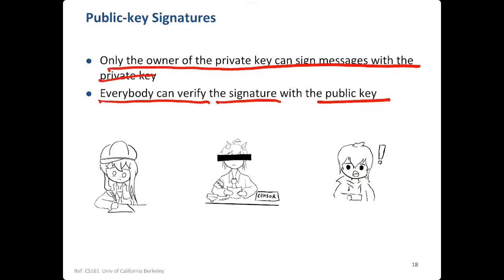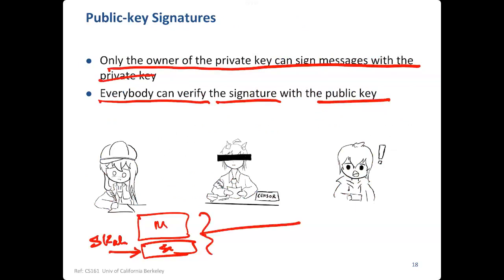Alice has signed a message with her signature that uses the private key of Alice. Now note that there is no confidentiality here. Whoever has the public key of Alice can verify this.